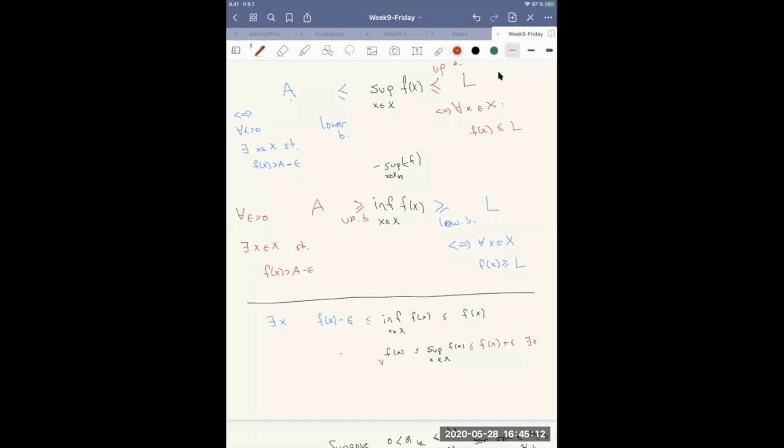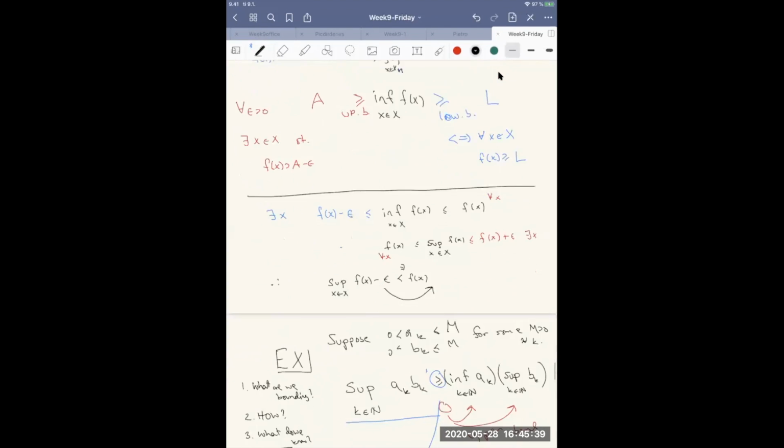So this is for all x, we have that bound, but then on the other side we will have some. And how is this proven? Let's just recall this a little bit. Well, if we take the supremum minus epsilon, this is not an upper bound. That means that there exists an f(x) that lies above it, and then we put the epsilon on the other side. And similarly for inf.